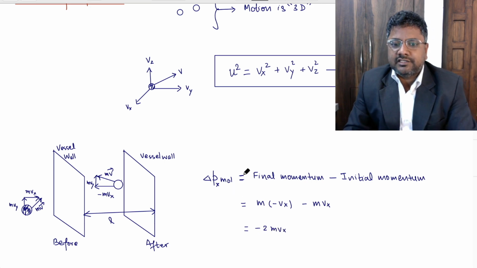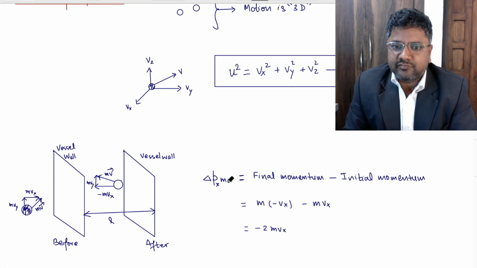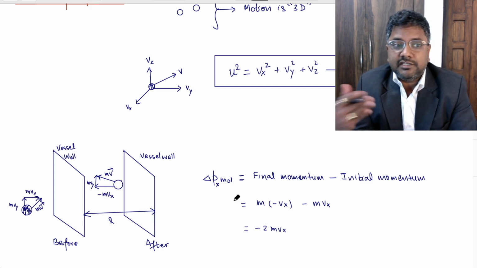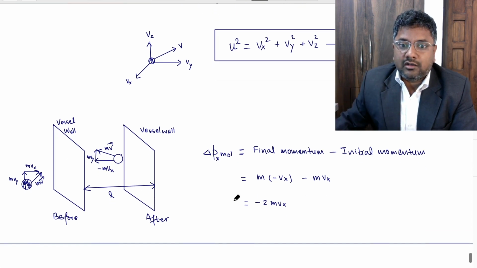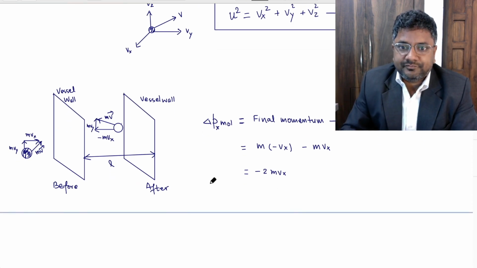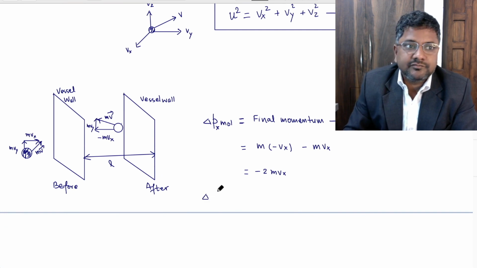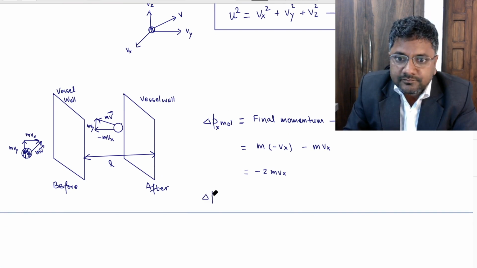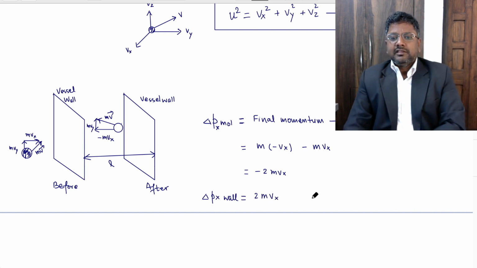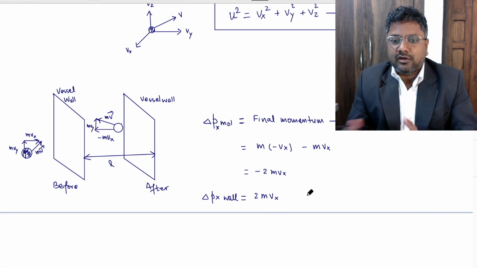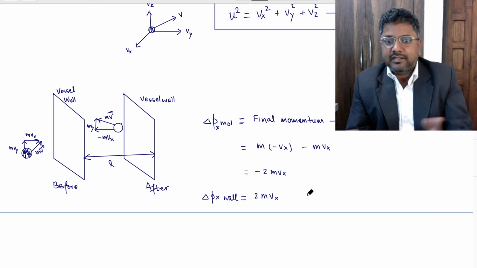This is the change in the momentum of the gas molecule. So what is the change in the momentum of the wall, right? Delta Px of the wall is equal to 2mvx, because there is no loss in energy, so momentum will be conserved.